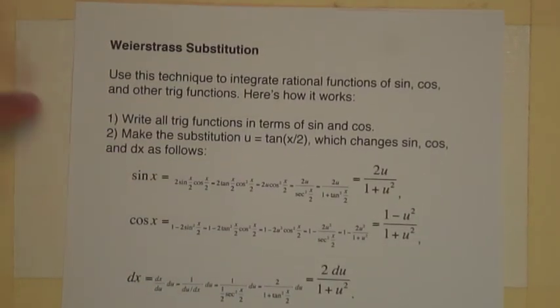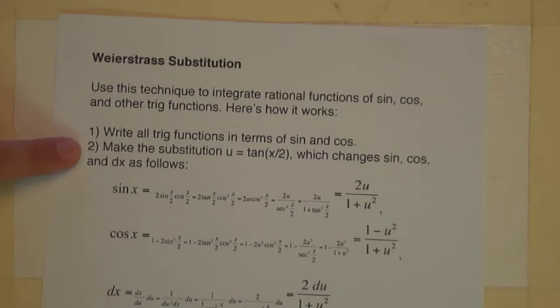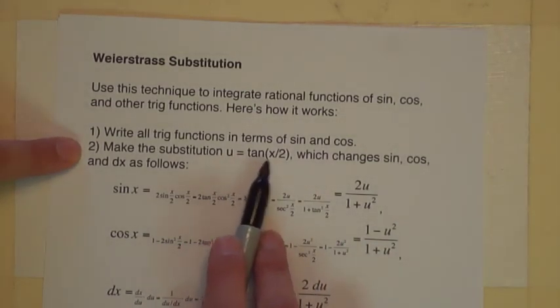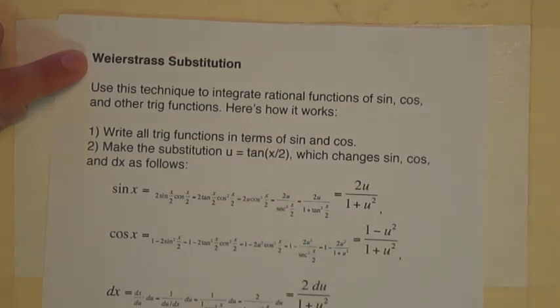So there's this clever substitution that no one would ever really think of on their own. And here's how it works. First, write all trig functions in terms of sine and cosine. And you make this clever substitution, u equals tangent of x over 2. I don't know how the person who came up with this thought of it. Maybe it was Weierstrass, or maybe it's just named after him.